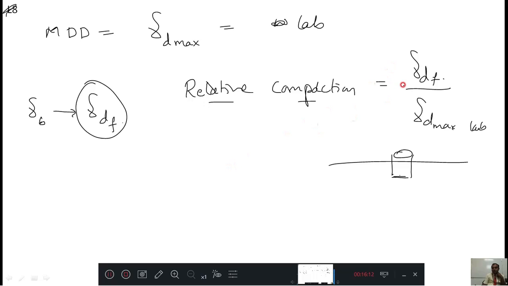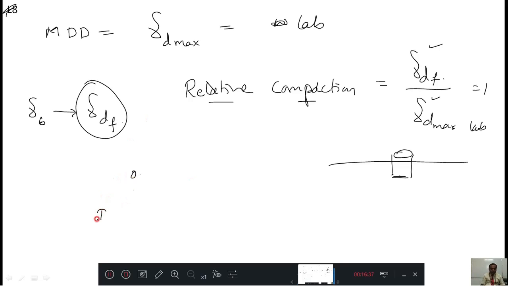If this relative compaction is 1, what does it indicate? It indicates that the field density and the maximum laboratory density are both the same. That is very good, good compaction is done. If it is 0.5 or less than 1, then the laboratory density is not achieved in the field.